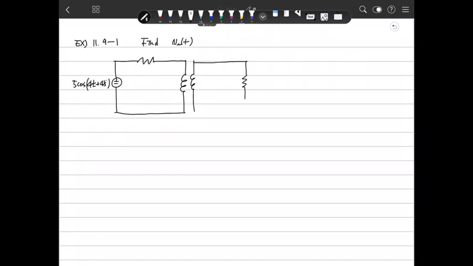And the resistor is the load. This is 12 ohm, and this is 4 Henry, this is 3 Henry, and mutual is 2 Henry, and this is 8 ohm. This is the problem. And define this voltage as V1, and this voltage as V2.